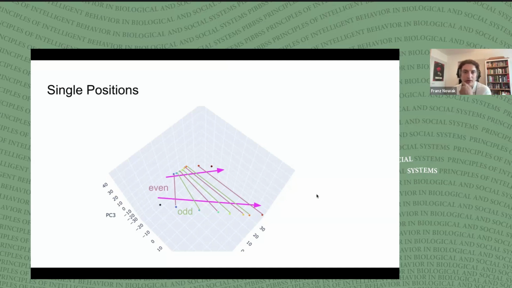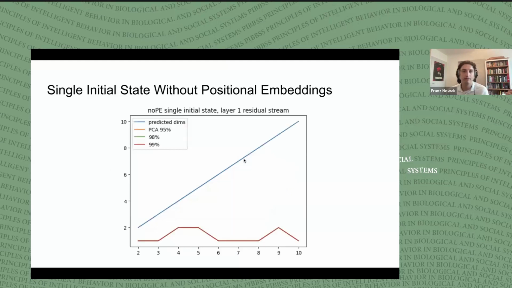So what we found instead is that they're no longer separated by odd counts only occurring on odd positions, but instead we have these two tracks that correspond to whether the current symbol that the transformer sees is a 1 or a 0. So one track goes for the ones and one track goes for the zeros, and then even counts and odd counts appear on both sides, and the same goes for even and odd positions.